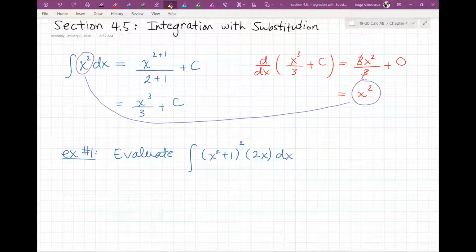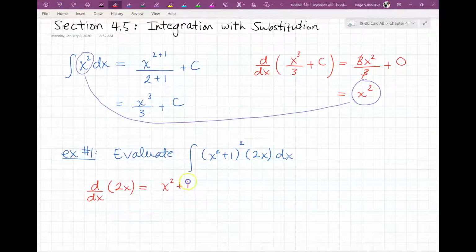So let me give you an example. If I take a derivative of 2x, notice that's a piece right here, right? That's right here, 2x. If I take a derivative of 2x, will it give me x squared plus 1? Whoops.